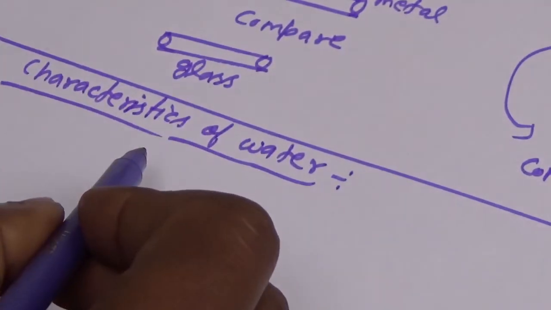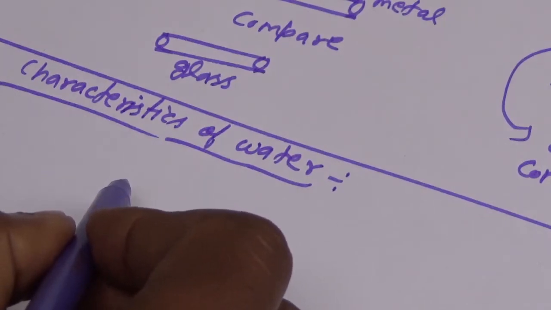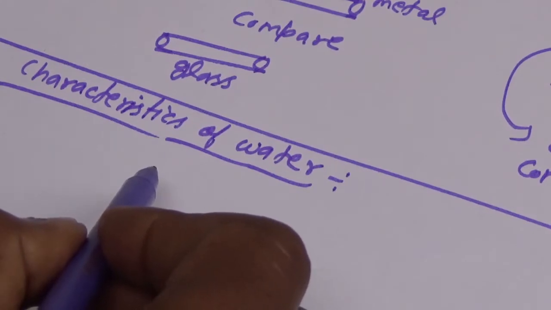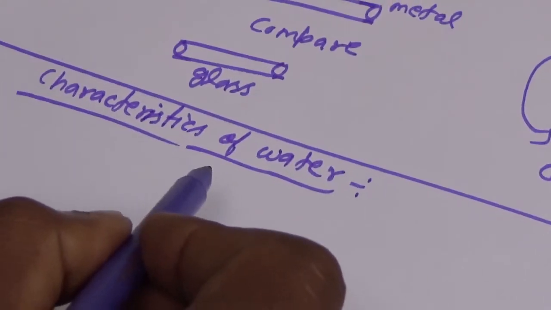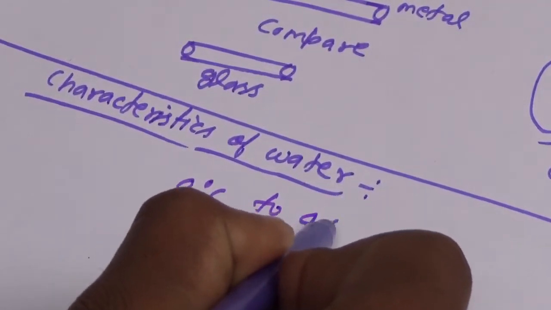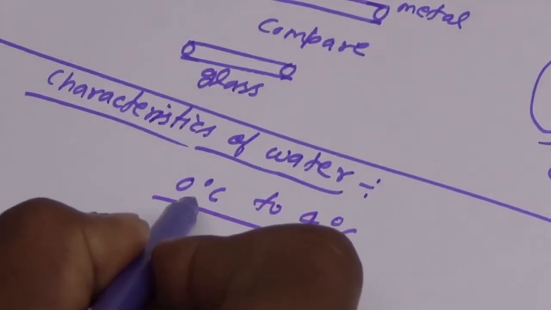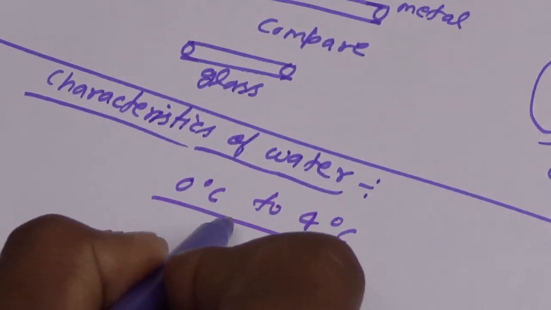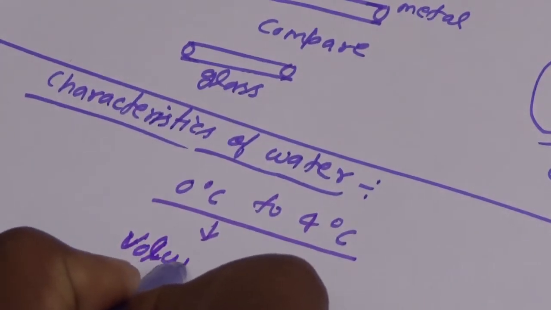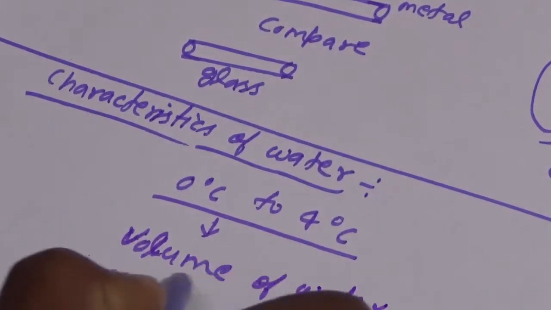It means that water contracts on heating between 0 degrees Celsius and 4 degrees Celsius. Between 0 and 4 degrees Celsius, water contracts, or we can say the volume of water decreases.